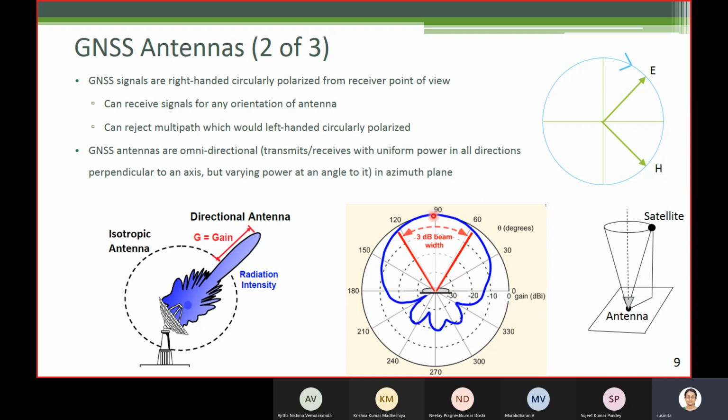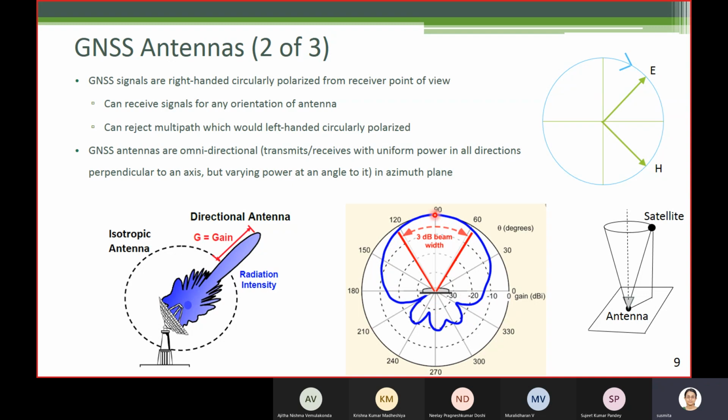But if elevation changes, you want signals from high elevation satellites. You do not want them from low elevation satellites, because there is a higher chance that those signals are reflected. Those signals are not so good, so at the antenna level, you attenuate them. This is why the gain is intelligently shaped this way.